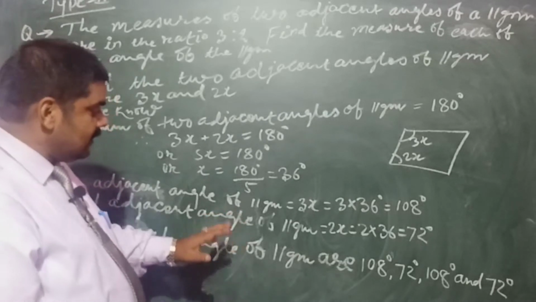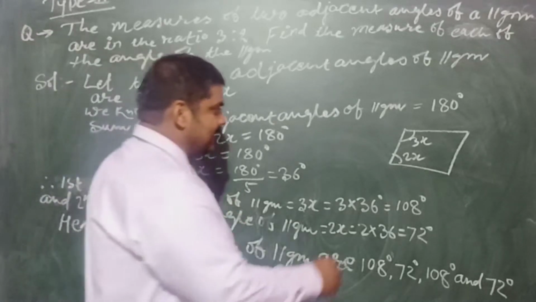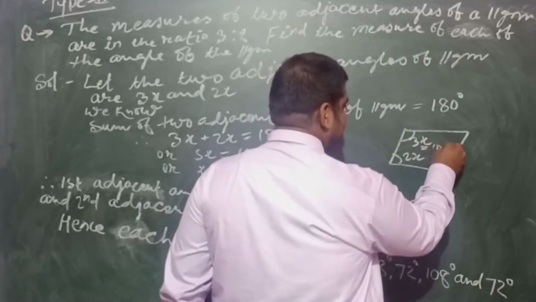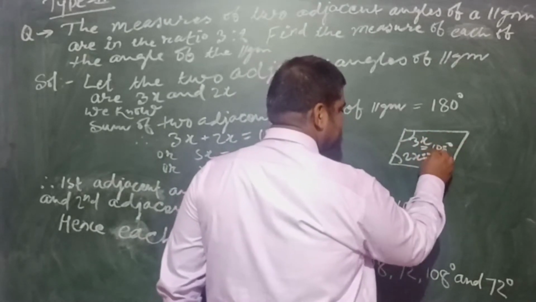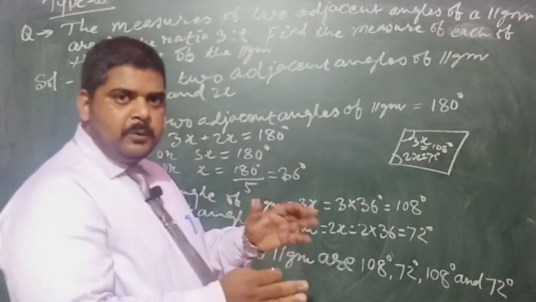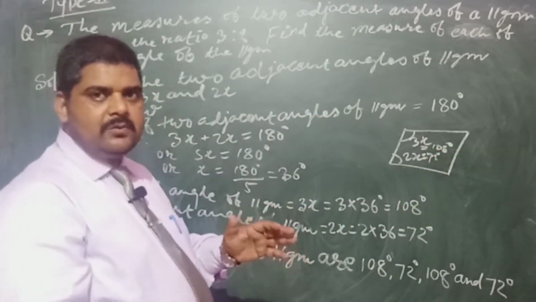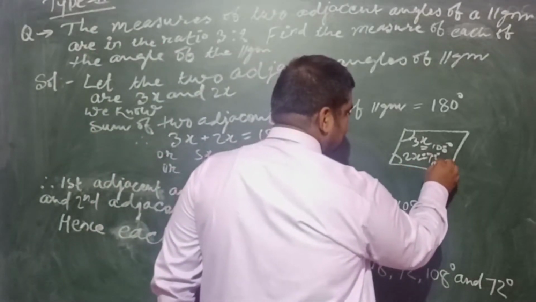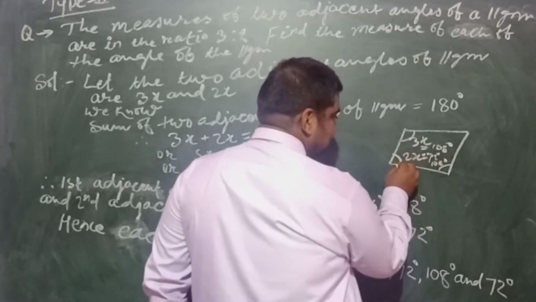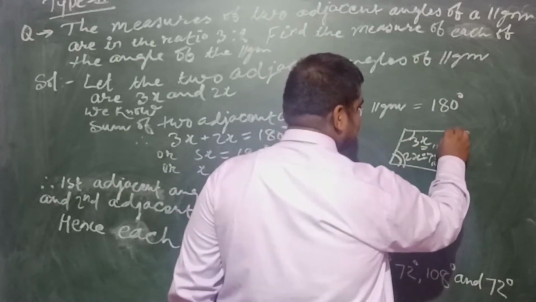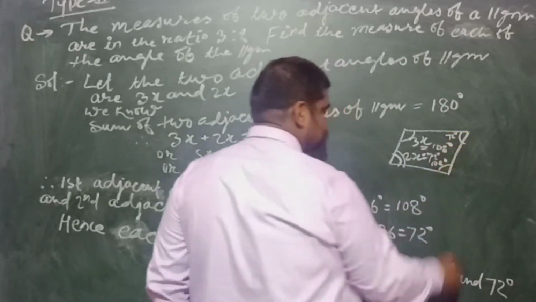When you get the first and second adjacent angles, this angle is 108 degree, and this one is 72 degree. You also know that opposite angles of a parallelogram are equal, and this is why this angle is also 108 degree, and this angle is 72 degree.